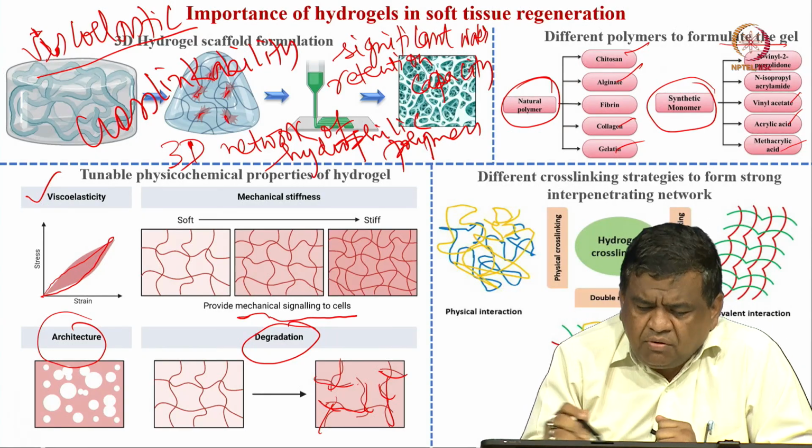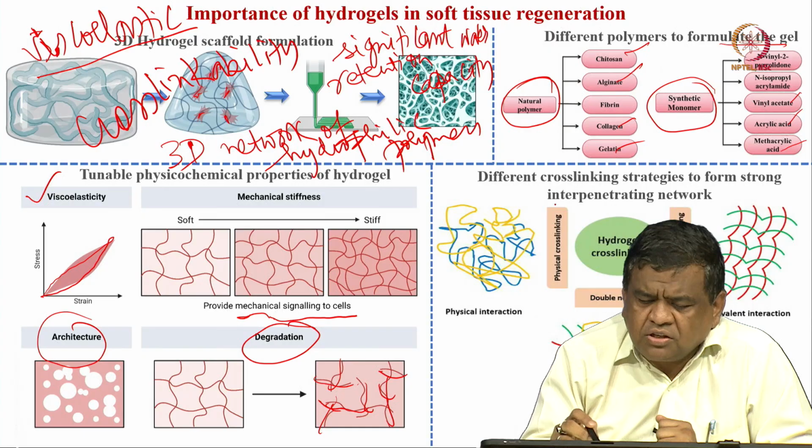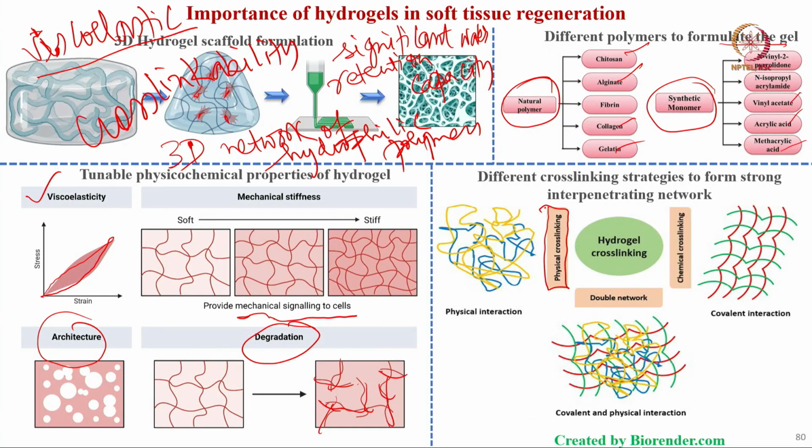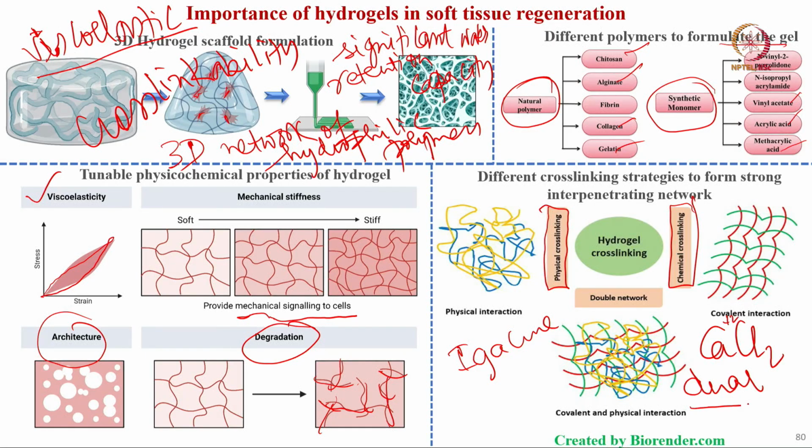In cross-linking, one can have physical cross-linking, like adding a photo cross-linker such as Irgacure, and exposing it to UV, so it can be photo cross-linked. It can be a chemical cross-linker like calcium chloride, where Ca2+ ions help in cross-linking, and it can also be dual cross-linking, which means a sequence of physical cross-linking followed by chemical cross-linking.